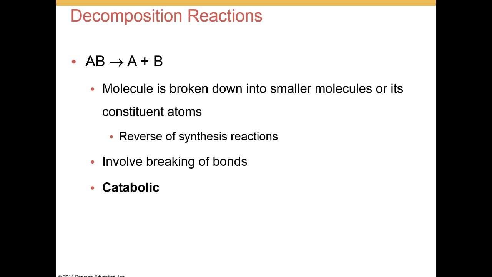So we have our larger molecule, AB, yields or becomes A on its own plus B on its own. So a molecule is broken down into smaller parts, or maybe all the way down into the individual atoms. This is exactly the reverse of a synthesis reaction, so it always involves breaking those bonds. We say that it is catabolic. Cats shred things apart. Catabolic reactions.